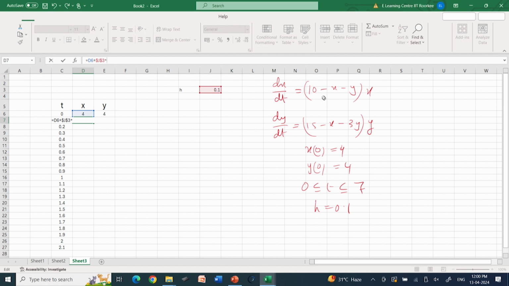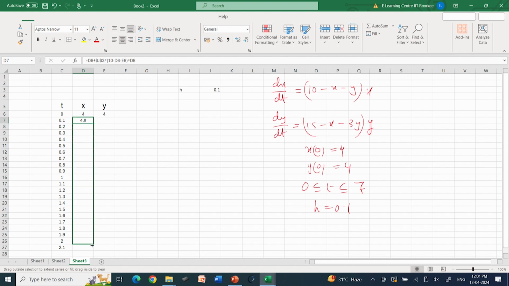So, this is your x and y's, multiplied by 10 minus x, which is this, minus y, which is this, and this whole thing is multiplied by again x and enter. So, you get this value, you drag it up to here.